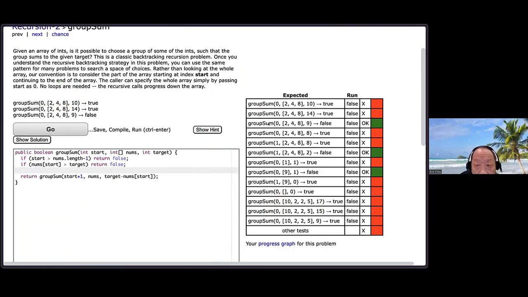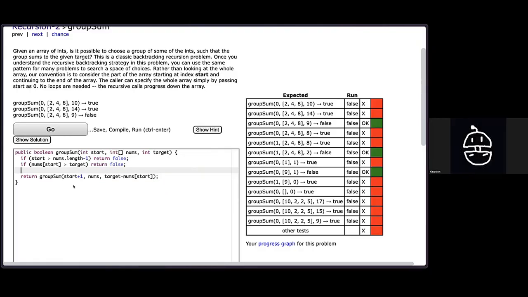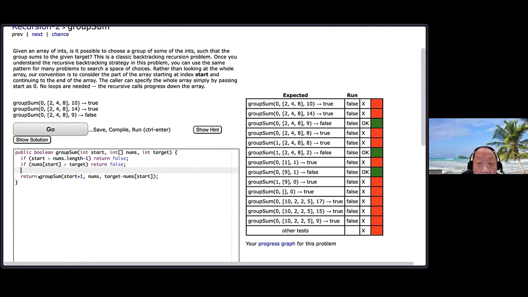So what happened is this one you have the in part.